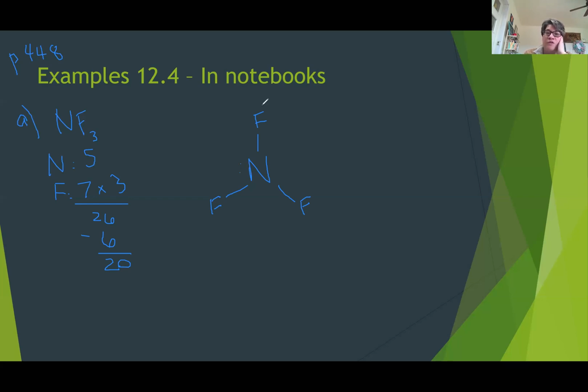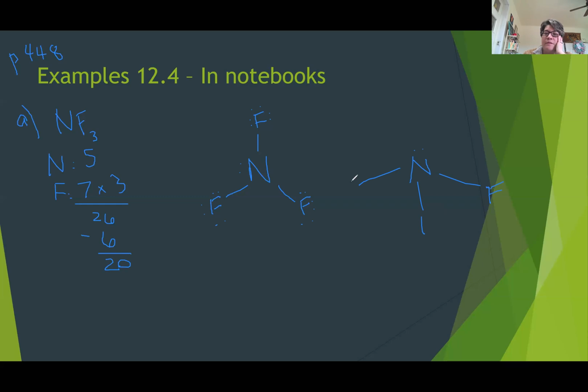So that takes care of 2, 4, 6, 8, 10, 12, 14, 16, 18, and 20. So that's all 20 electrons. And this is actually the correct way to draw it. These 2 lone pairs up here are actually going to push everything else down. Ooh, like this.